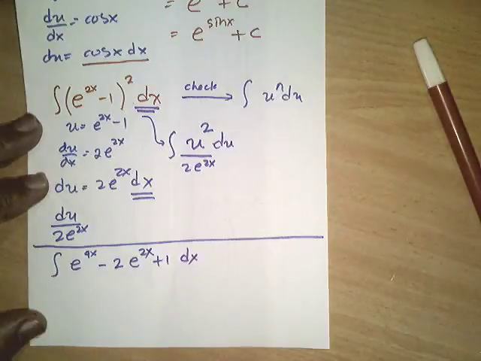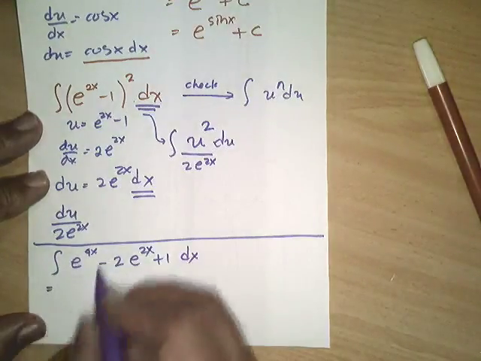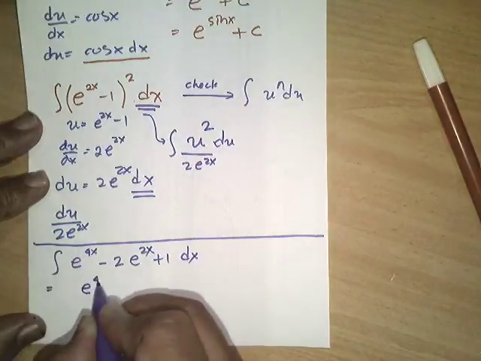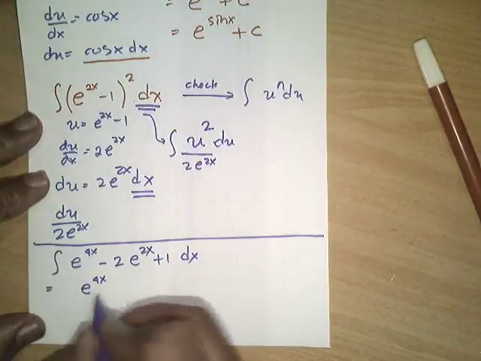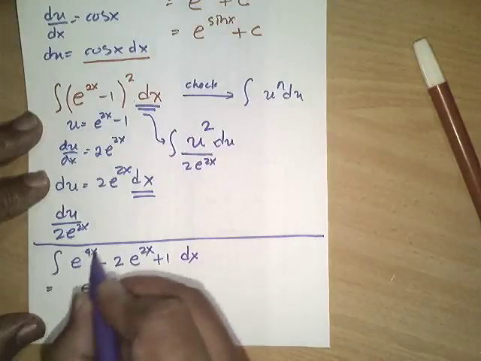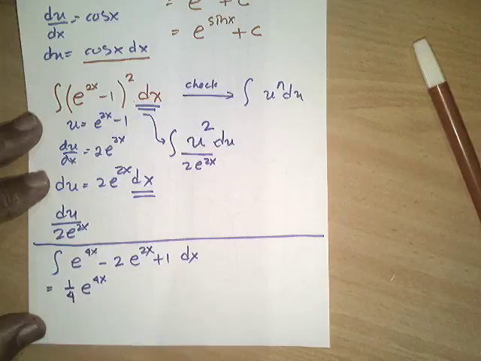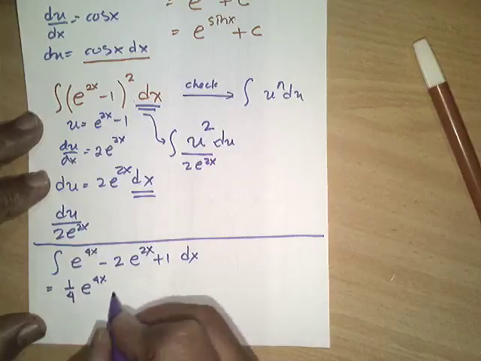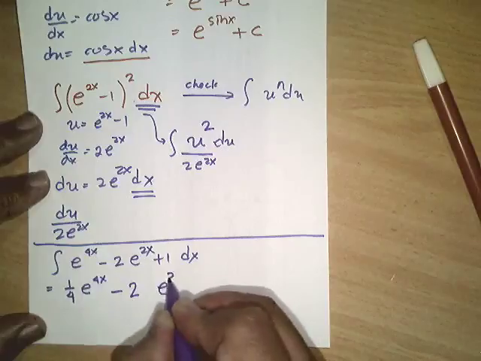Then that is dx. Therefore, the integral of this is e to the 4x. By substitution, this is your u for x, so what you're going to do is simply reverse it: 1 over 4. Minus 2e to the 2x.